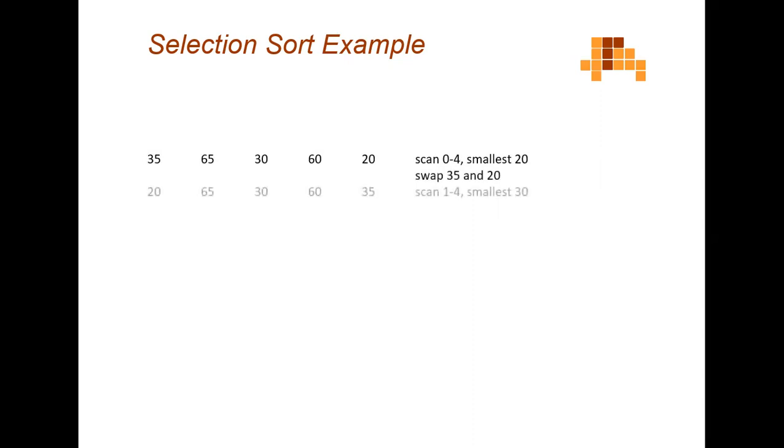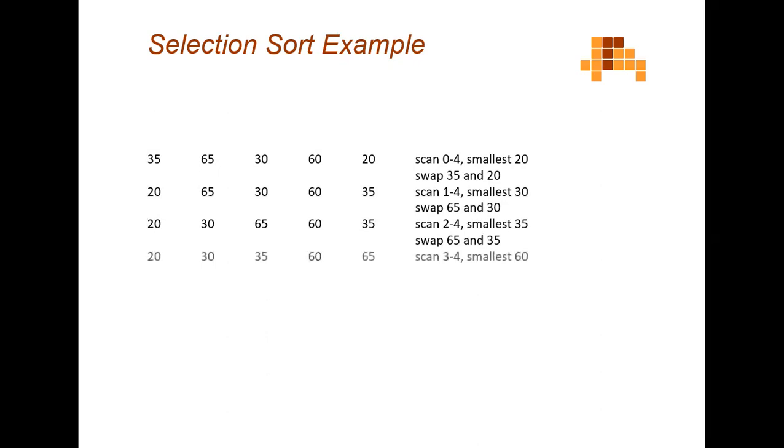Let me make it bigger. We have our data here on the left side, and then what's been done here: if we have our scan, and the smallest is 20, and we scan through the row, then we swap 35 and 20. We select the 20 and put it in that position.